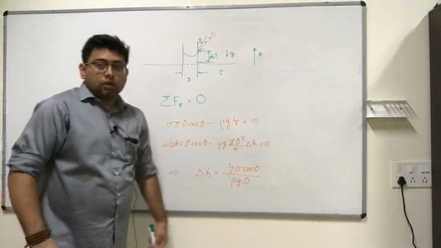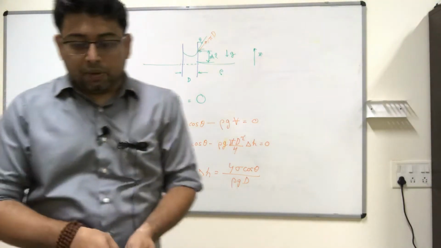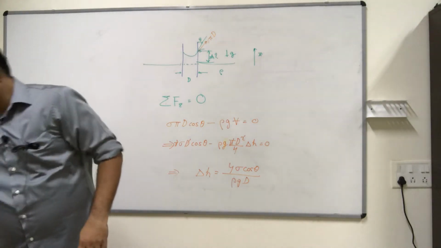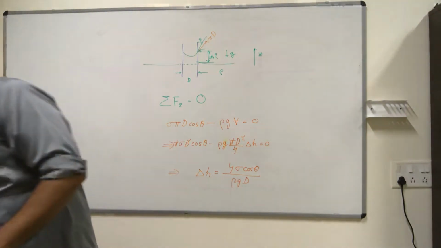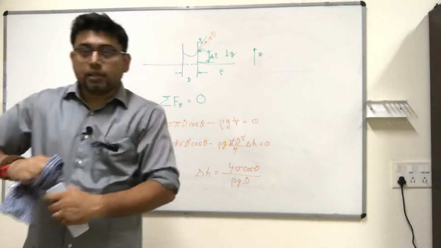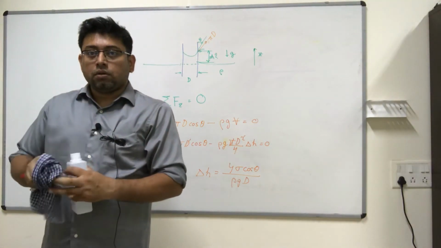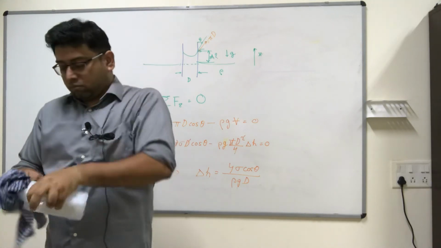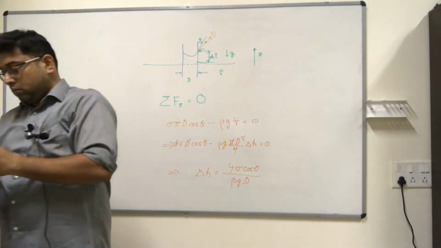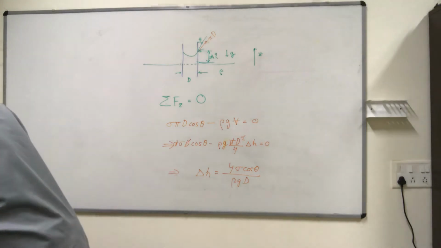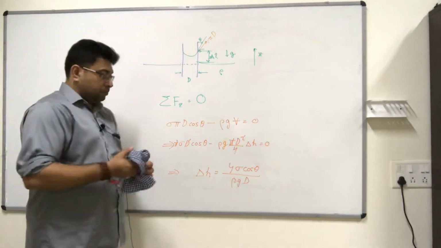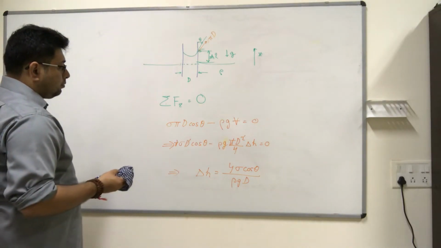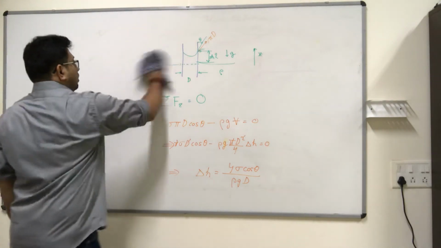Good. So that was really straightforward, right? Now I'm going to erase this. So this was a rather simple problem, and I hope all of you managed to get it. Okay. So just take it down. I'll erase this now.